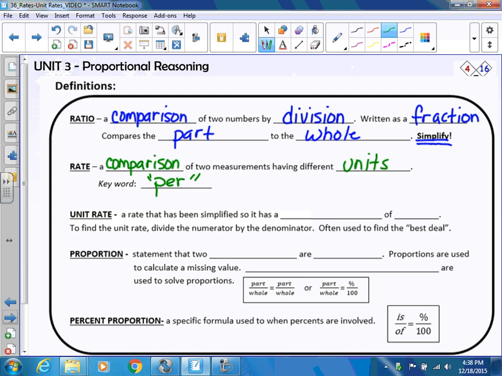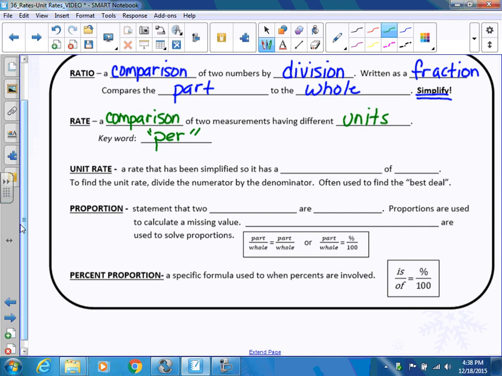When you guys used to do those really fast time drills with multiplication, you were saying how many problems could you do per seconds or per minute. The unit rate is basically the same thing as a rate, but it has been simplified so that it has a denominator of 1. So that's where we say, how much are you paying per soda?